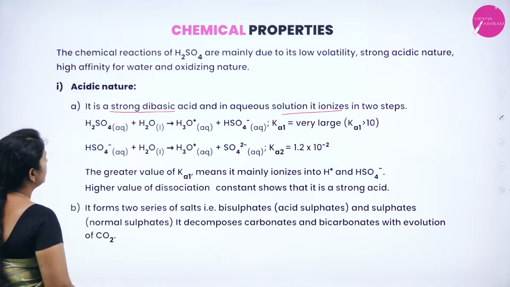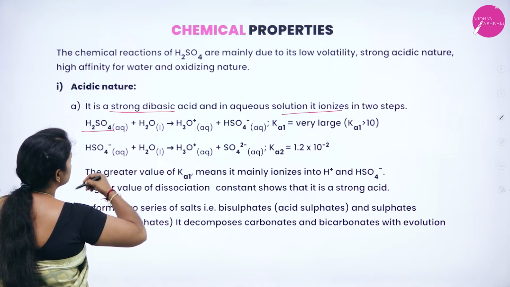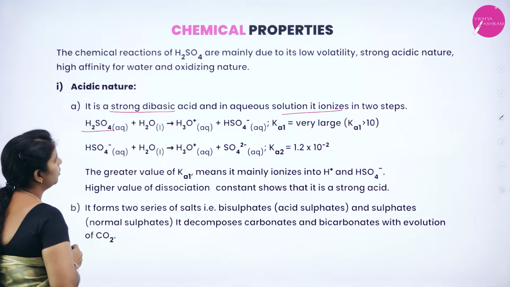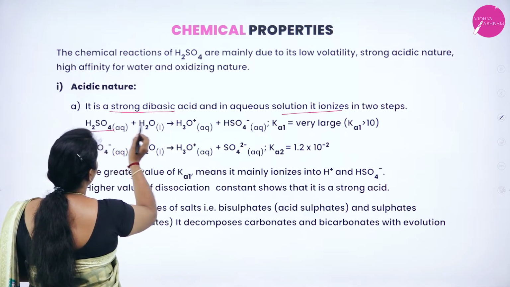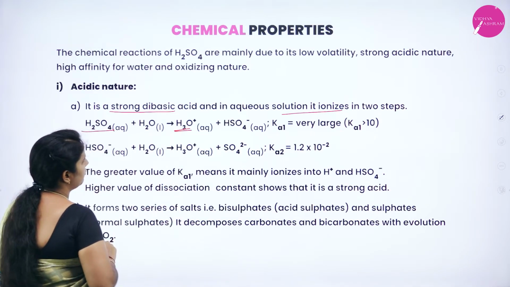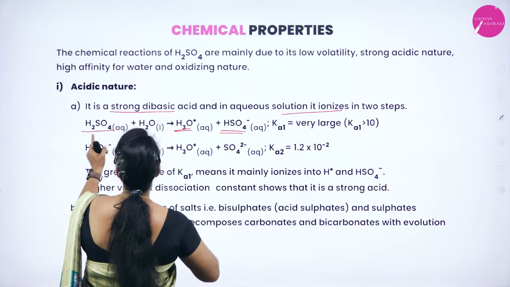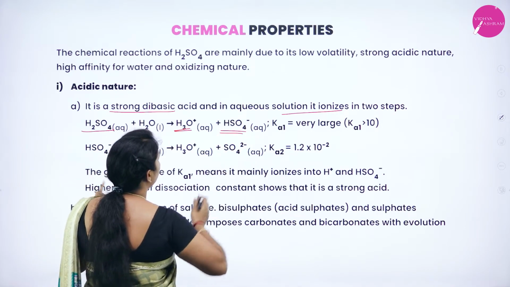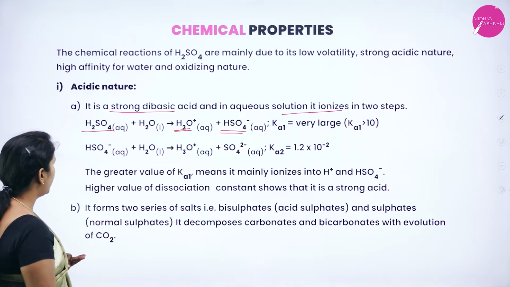In the first step you can see that H2SO4 reacts with water, that is, it treats with the water molecule, which accepts one H plus ion and forms an H3O plus ion, that is a hydronium ion. You can see that the H2SO4 gives one hydrogen ion, hence it forms HSO4 minus.